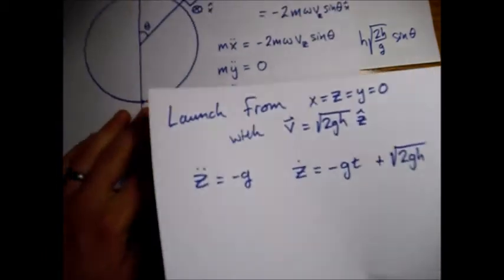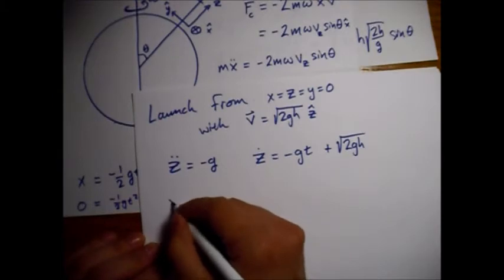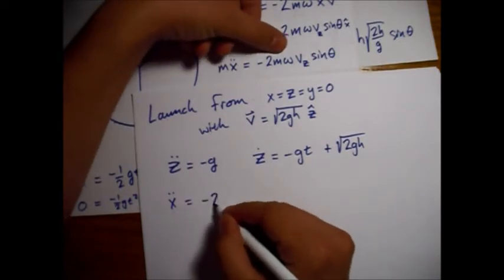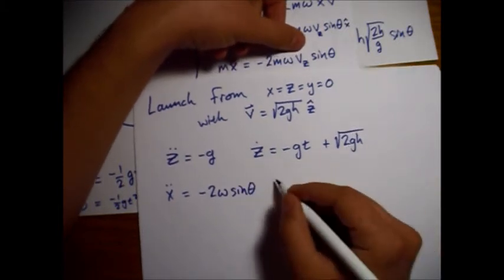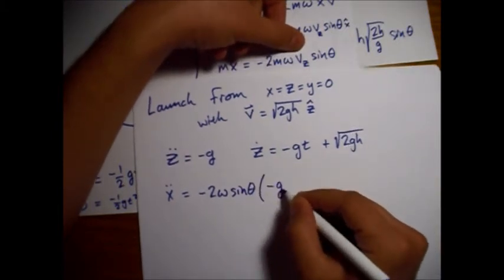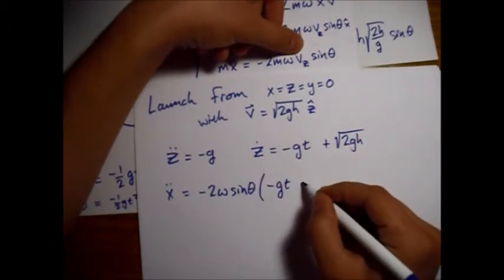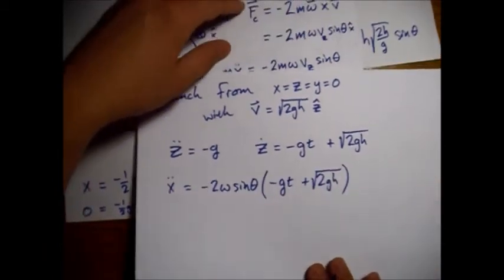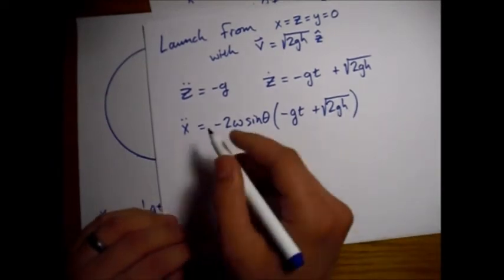All right, so now we'll move on to our x equation. So let's go ahead and divide by the mass. So we have a minus 2 omega sine theta, and then this factor from right here, the v sub z. Like this. Okay, now we will go ahead and integrate this.